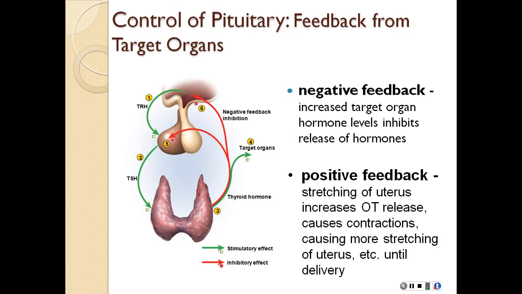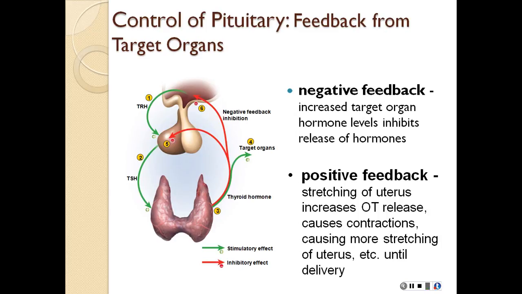Directly. Well, we can start from the top. First the hypothalamus reacts to there being too little thyroid hormone. And what does the hypothalamus do? It sends a signal to the anterior pituitary gland, okay?